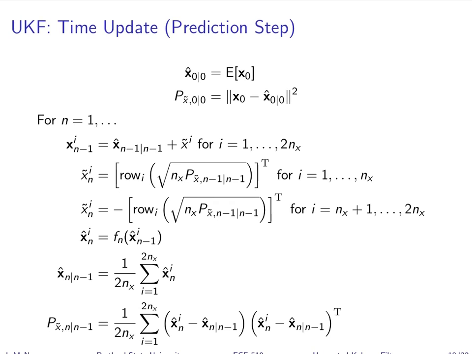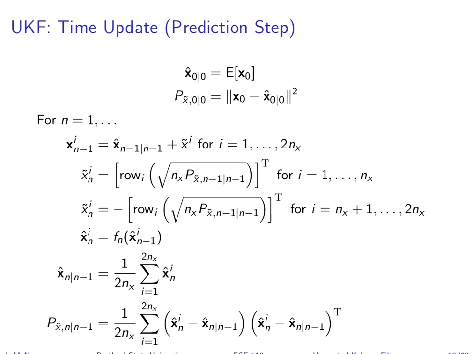This is at time 0, and it's the filtered version after the measurement update. And as I said, the way we create the sigma points is we take the square root of that matrix, multiply by n_x, grab the different rows, and perturb our best estimate of the state to get the sigma points.